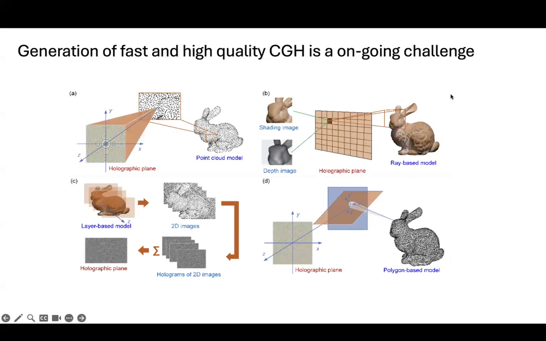And this is just an overview of computer-generated holograms. Unfortunately, I'm not a computer science person, so I won't be able to get into the technical methods of these different strategies, but I just wanted to stress that this is still an ongoing challenge because, as you can guess, computing and simulating the hologram pattern in a very fast and high quality way is pretty computationally challenging.